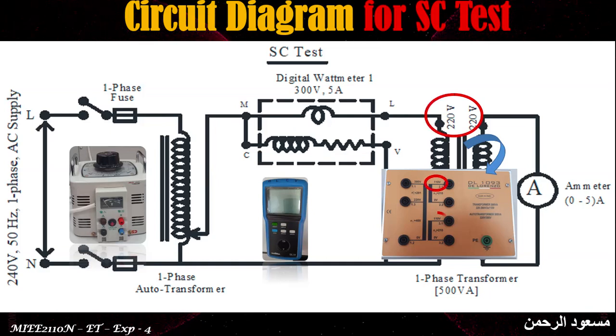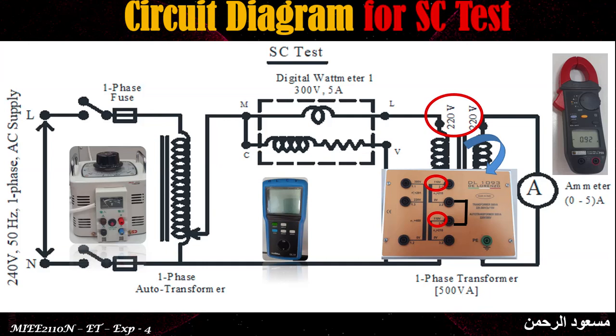The two coils are to be connected in series to get 220 volt on the secondary side, and a clamp meter is used as an ammeter for finding the short circuit current. To short circuit the secondary side and measure the secondary short circuit current, we need an ammeter, so we are using a clamp meter as an ammeter.